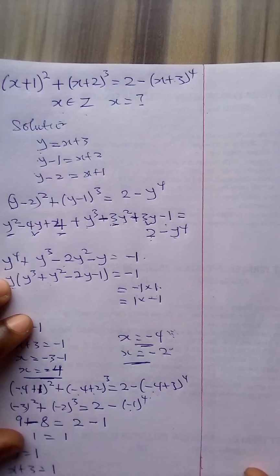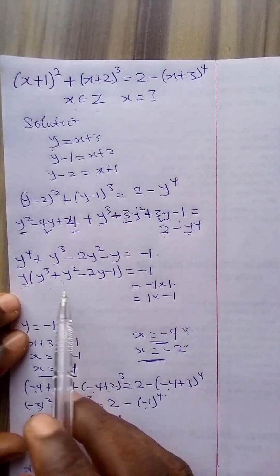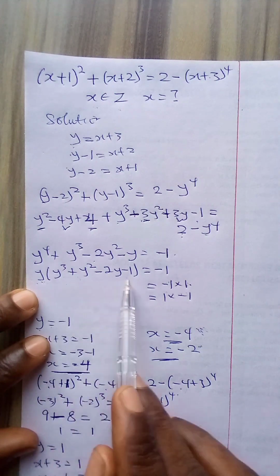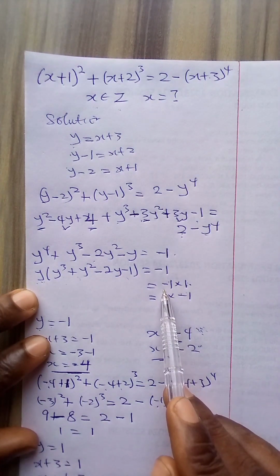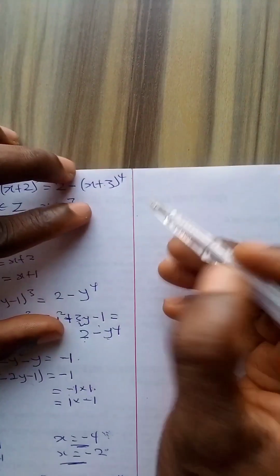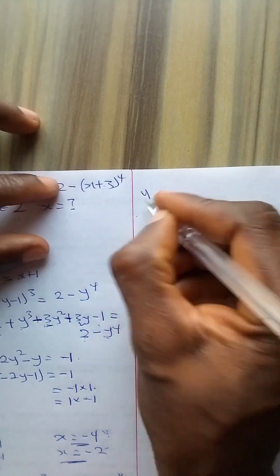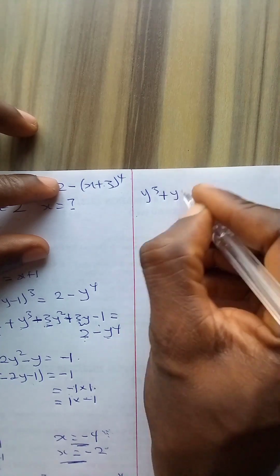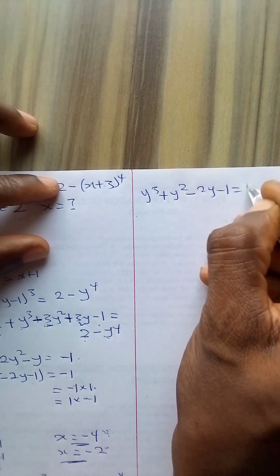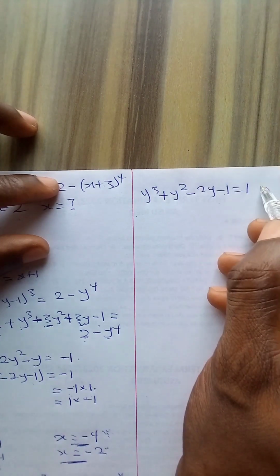Let's now find other solutions, and we can do that by equating this bracket to either minus 1 or 1. So let's start with 1. If we say y to power 3 plus y to power 2 minus 2y minus 1 is equal to 1, then let's move this 1 to the other side.